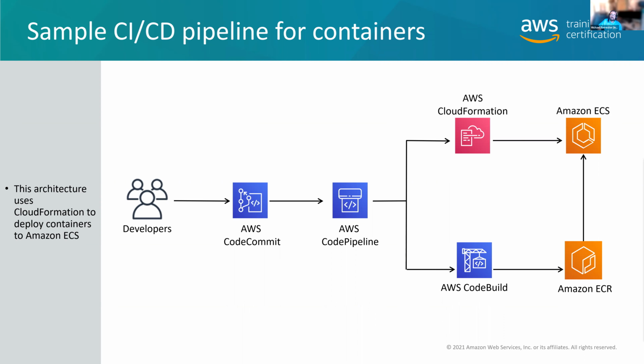In CloudFormation, you would have the task definition. So looking at this diagram, you build it, push it to the ECR, and then CloudFormation is saying, hey, there's a new version, push that new version to ECS. Well, the funny thing is all you have to do is say there's a new version.